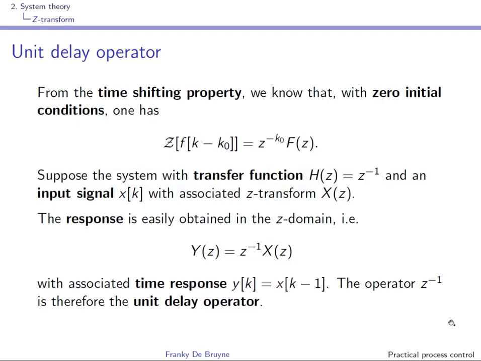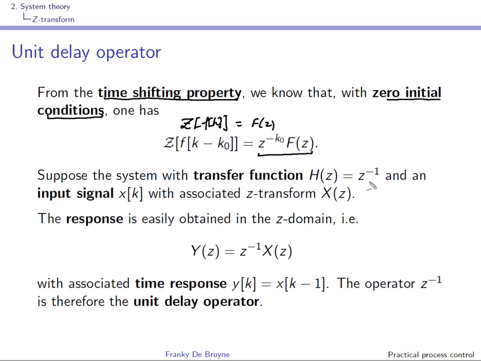We'll just need a little reminder of the time shifting property, in the case with zero initial conditions. So if the Z transform of the sequence f of k is F of z, then the Z transform of this time shifted sequence is z to the minus k0 times F of z.